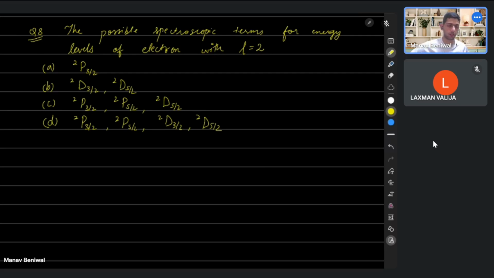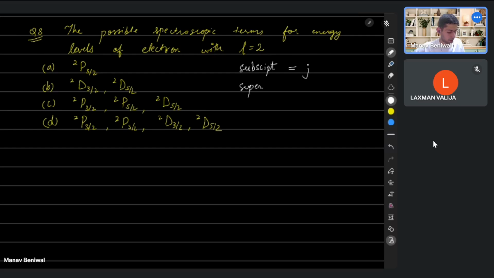So if you have watched the lectures, you will be familiar with this notation. This subscript, which is written here as 3 by 2 or 5 by 2, is nothing but the value of J, right?